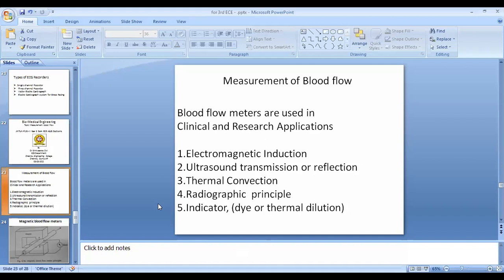All the organs of the body take the oxygen and nutrients from the blood and replace the oxygen with deoxygenated blood.